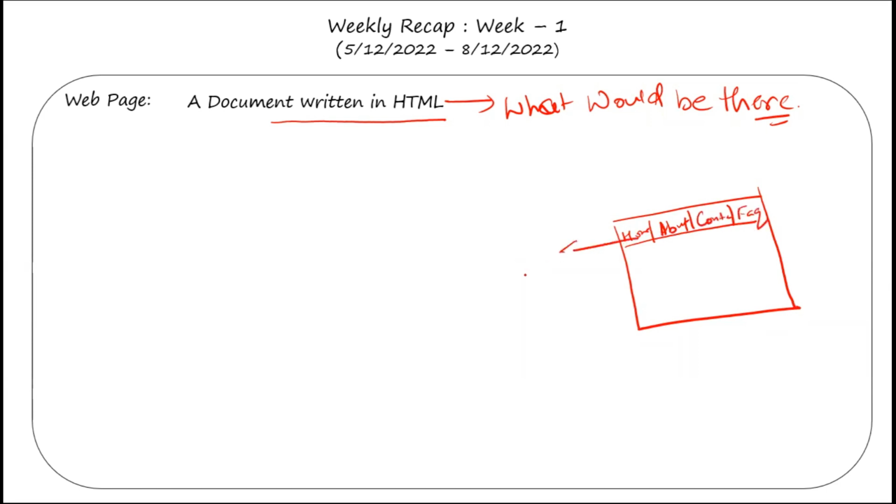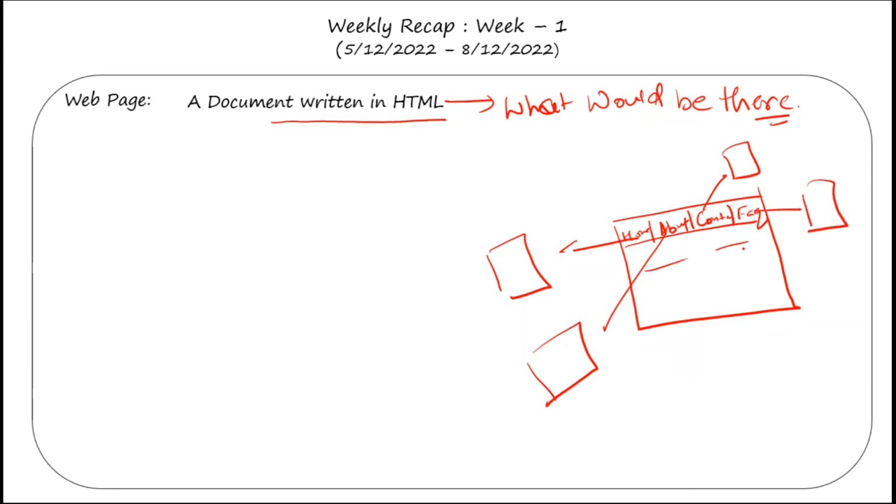All these links would lead to a particular web page. So a collection of web pages is called a website. There must be some content over here, but when you click over here, you would go to home. When you click over here, you would go to about. When you click over there, you would go to contact and so on. All these web pages together are called a website.